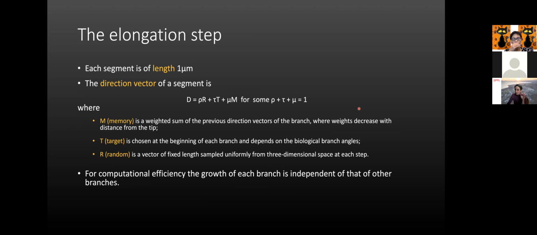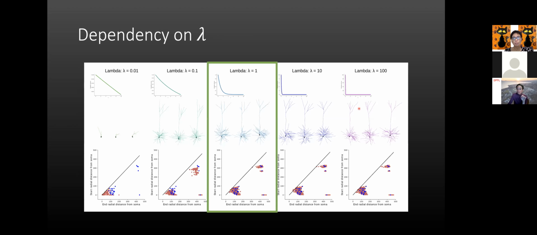So I said that there's this parameter lambda, which is telling us about how quickly the probability to bifurcate or terminate grows as we approach the end of one of these bars in the barcode. And just to illustrate the effect of the different lambdas, here we were looking at what kind of neurons, what kind of trees you synthesize from a given barcode. So you have one barcode, and from it you synthesize a number of different neurons.